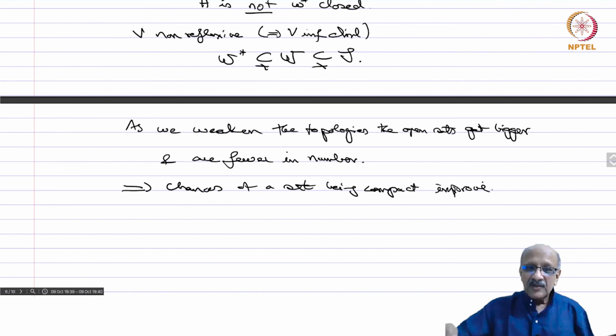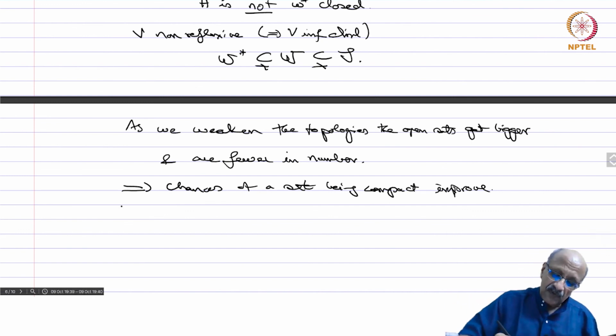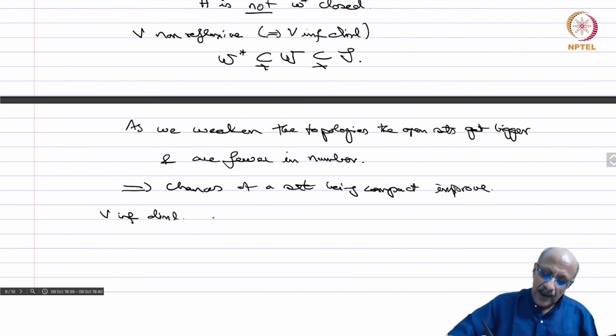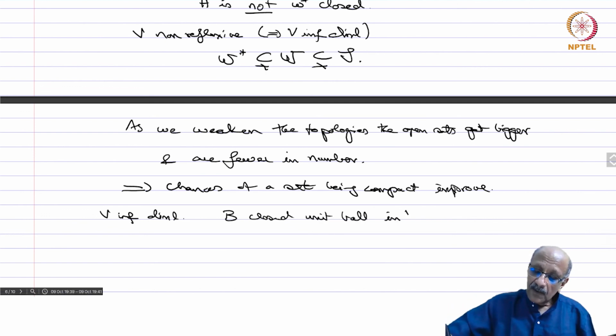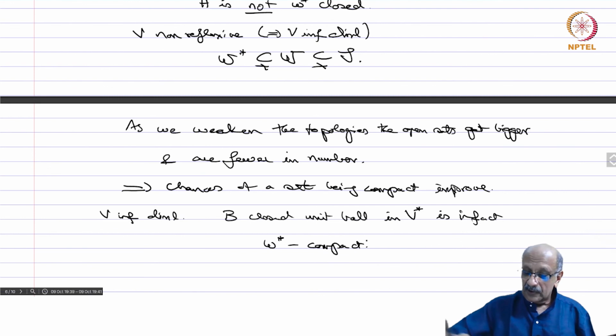So, the chances of this, and in fact, if V is infinite dimensional, then B, the closed unit ball in V star, is in fact weak star compact. It is compact in the weak star topology. It is not compact in the norm topology, we know.